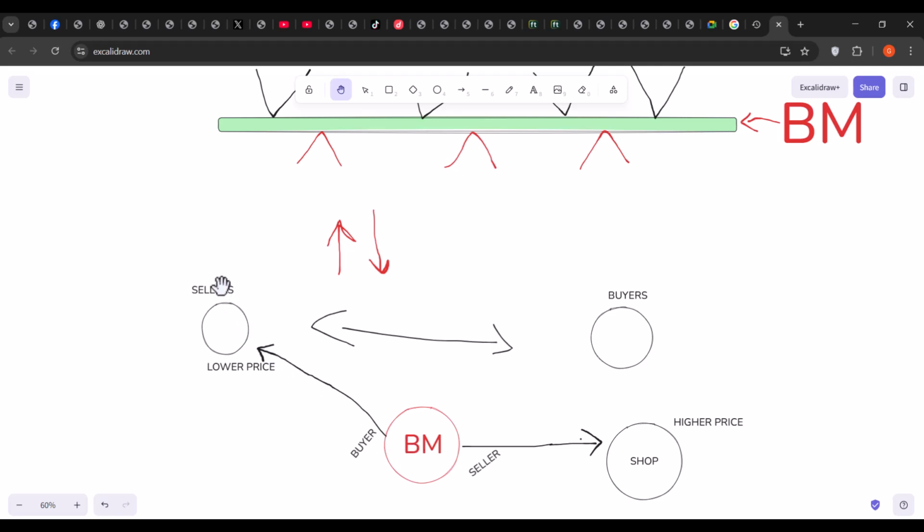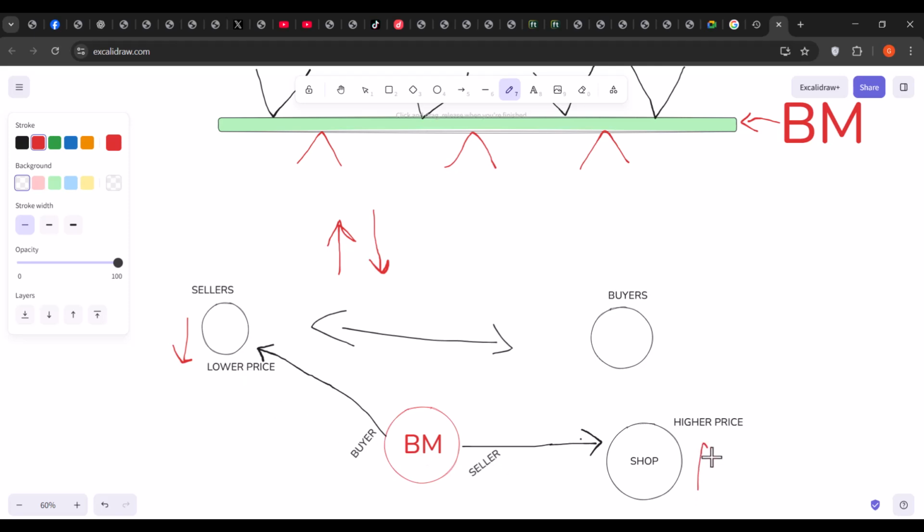When the sellers push the price down from the top, then this businessman, the buyer, will have the chance to also take a position. And when he takes a position, what does he do? He becomes a seller, then tries to push the price up like this, and sell to others. Okay, and when he pushes the price up, it goes to where?